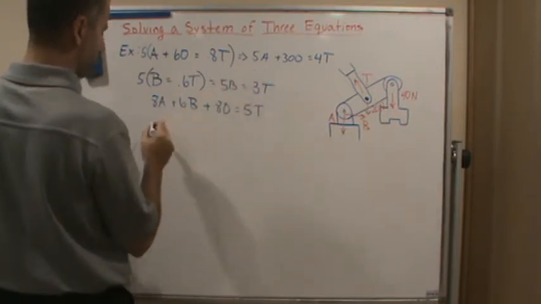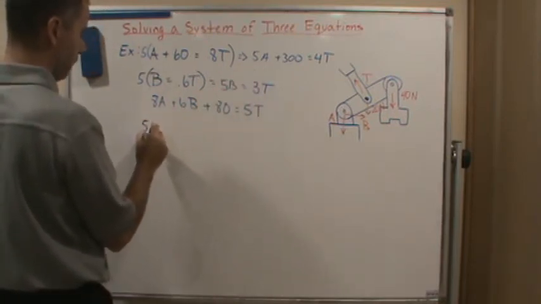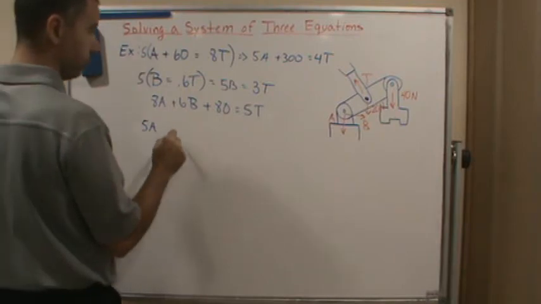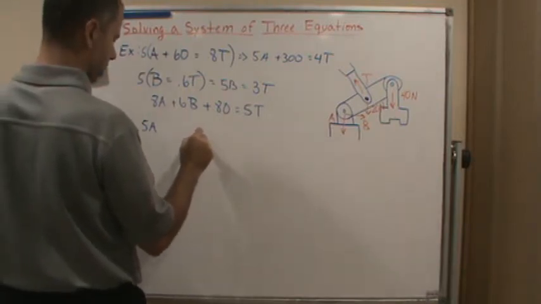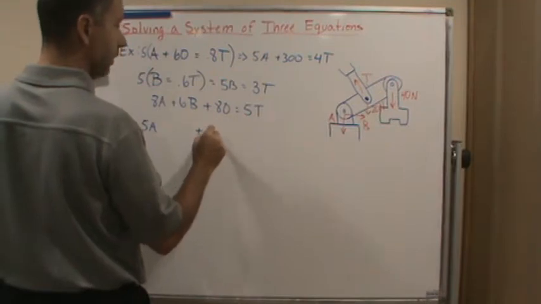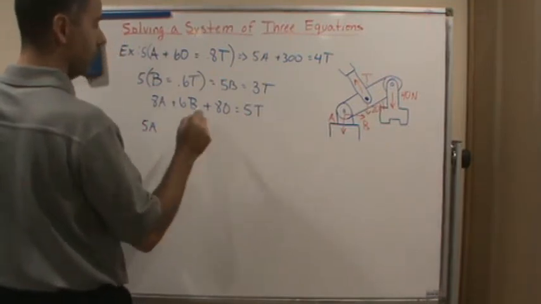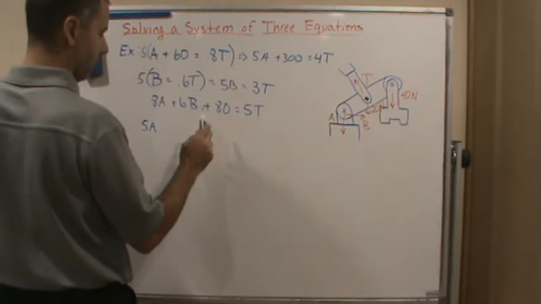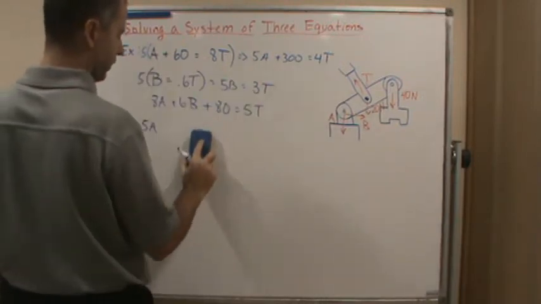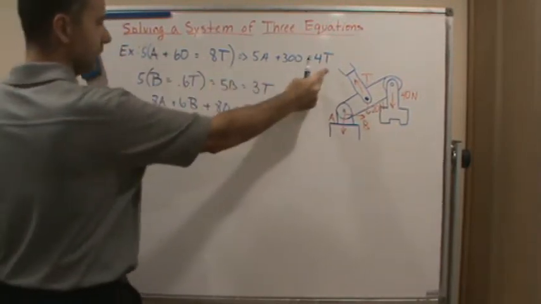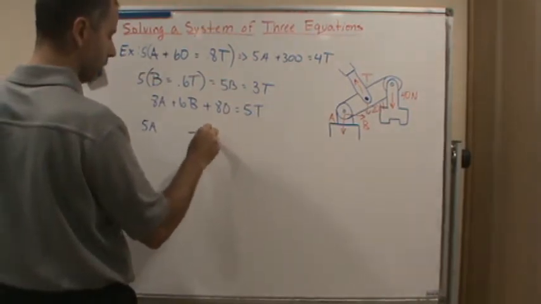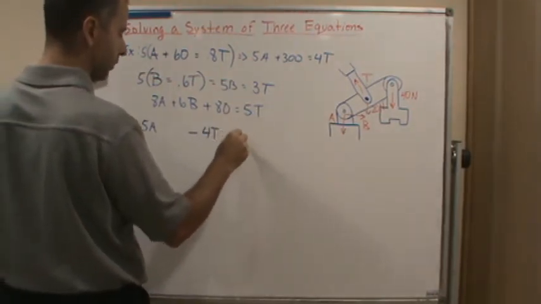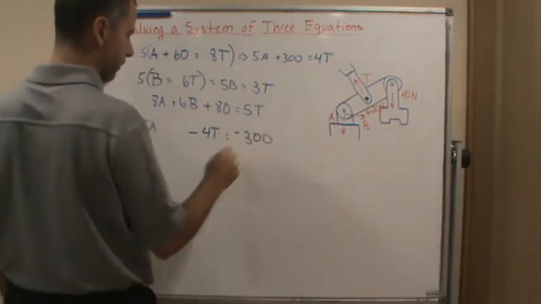So let's write this as 5a minus 4t equals minus 300.